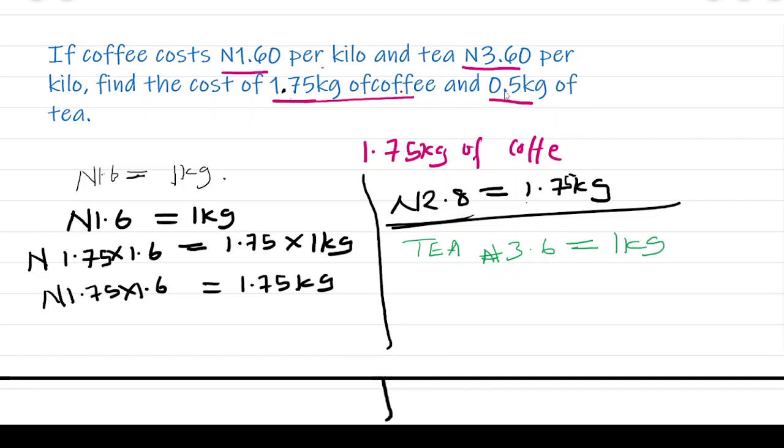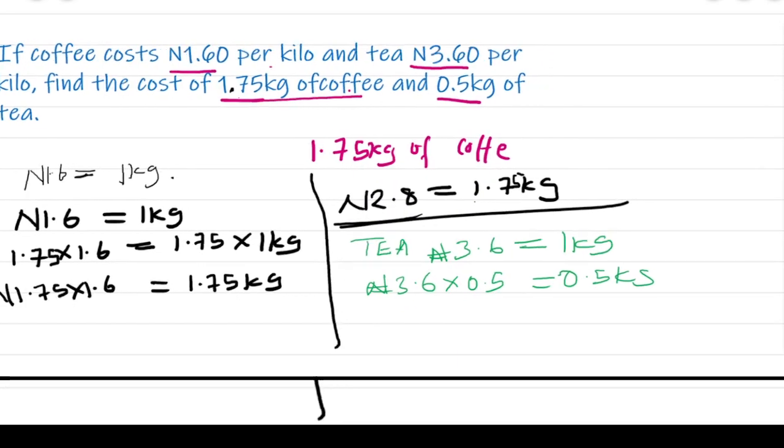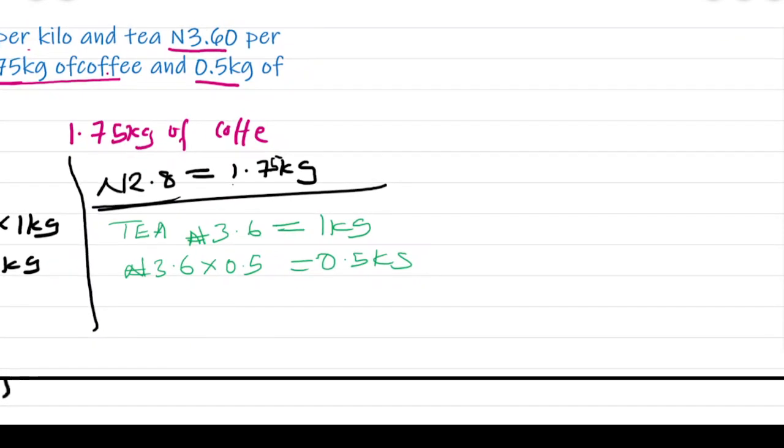We need 0.5 kilogram of it. So just like before, we multiply the 3.6 naira by 0.5, and here as well we multiply by 0.5 kilogram. That is half a kilogram. Let's shift the board a little bit.